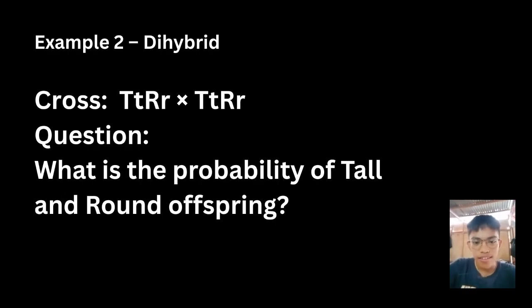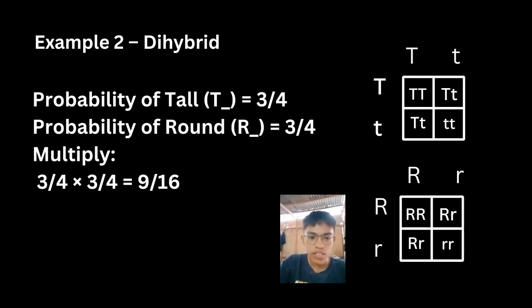The hybrid probability. So, problem: cross between capital T, small letter t, capital R, small letter r, cross to capital T, small letter t, capital R, small letter r. Find the probability of tall and round. Step 1, we should separate the two traits, which is tall and round.